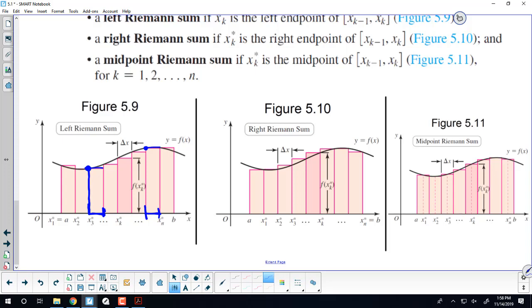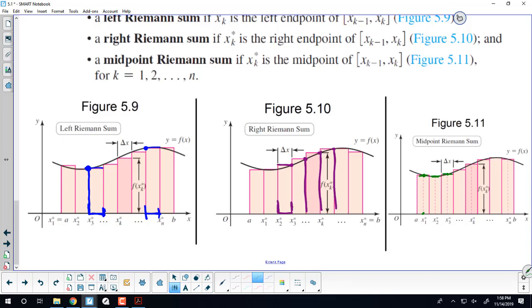The right Riemann sum is figure 5.10 here in the middle. Whatever rectangle I'm looking at, I'm going to use the right endpoint to determine its height. The right endpoint of this rectangle, the right endpoint of all of them, is what we're using to get that rectangle's height. And then the midpoint we've seen. So there's the midpoint; I'm going to use that to get each rectangle's height.